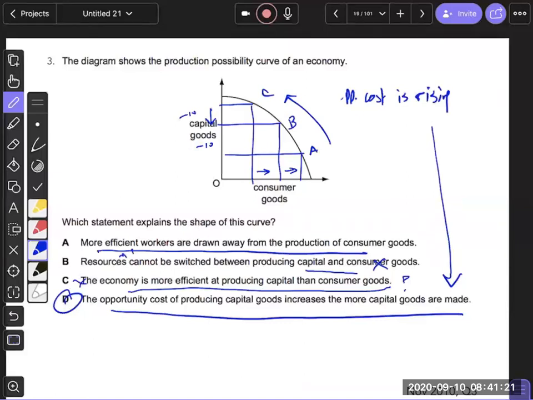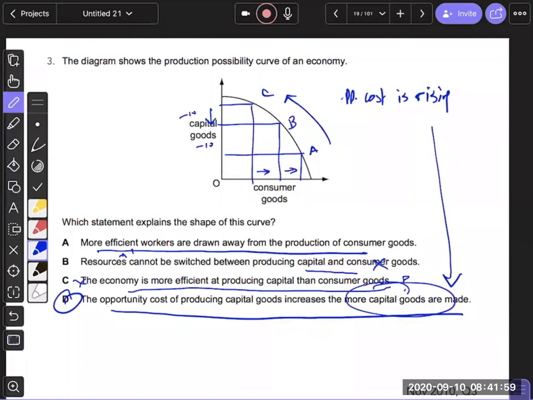Sorry, somebody else was saying this. Who was asking this question? Manahil, sorry, I didn't read the name. The name comes in a very small pop-up box. Capital goods is written twice in D. It's right. The idea, Manahil, is that as you make more of capital goods, the opportunity cost of capital goods increases, which means for every 1K, you may lose out more of consumer goods.